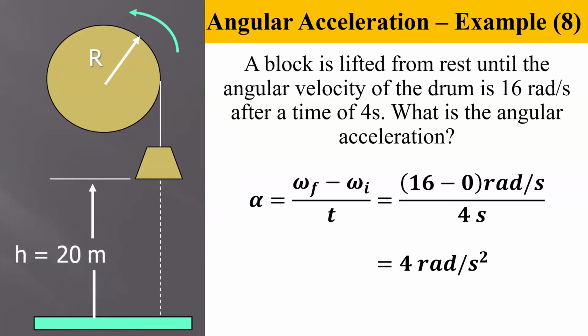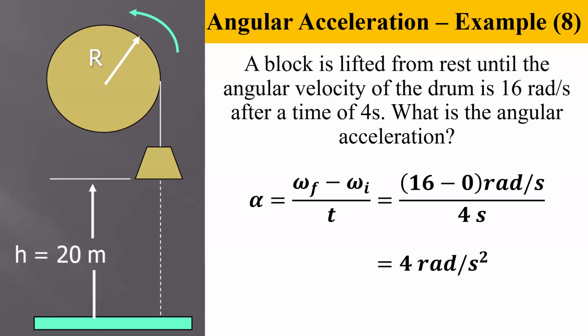So now what is it that you are given? They said the block is lifted from rest. So it was initially at rest until the angular velocity is 16. So the initial omega is 0. The final one is 16. And the time taken is 4 seconds.